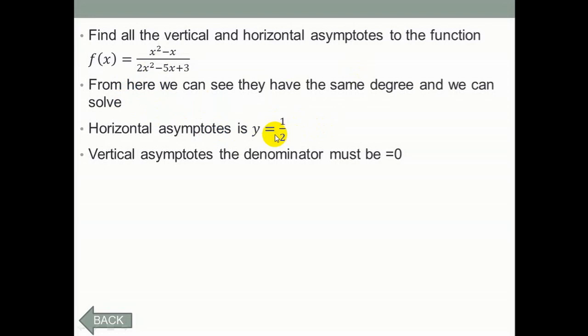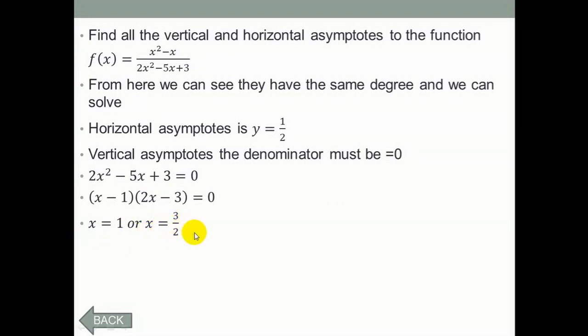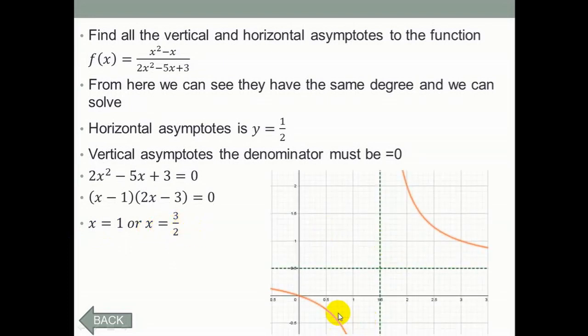And then you need to find the vertical asymptote, where the denominator must equal 0. Factorizing, you will get x equals 1 or x equals 3 over 2. You can see the graph. But maybe you're curious why there is no x equals 1.